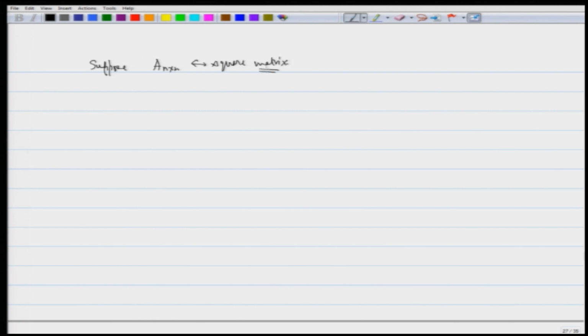Then we will see that, or we know at present that if A has a left inverse, then A also has a right inverse.